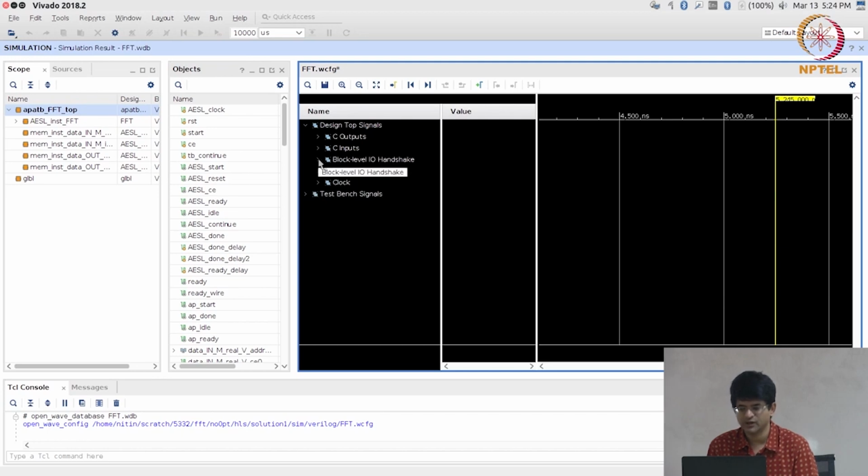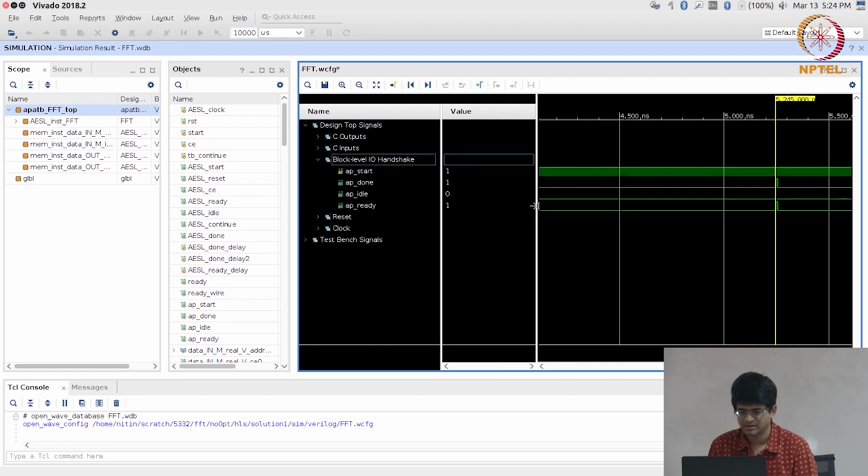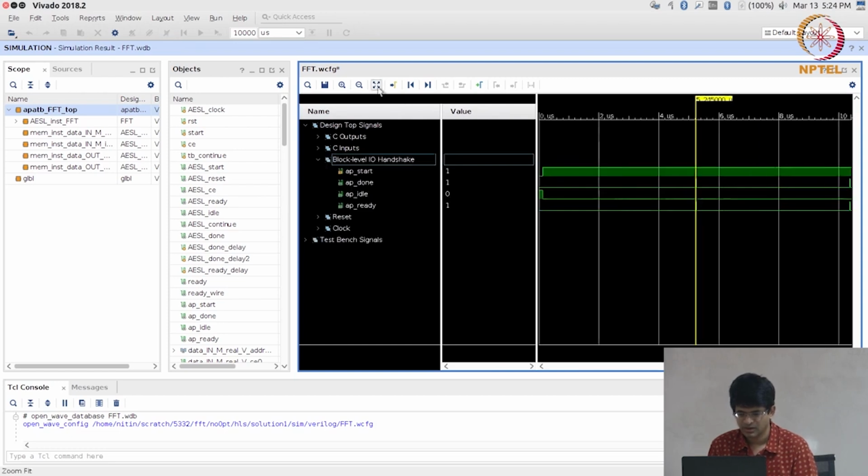The other interesting set of signals is this third row here, which is called block level IO handshake. Let us open that and see what it is. You can see that there are 4 signals over here. The first one is ap_start. The test bench is going to give a start signal to your FFT module after a certain amount of time.